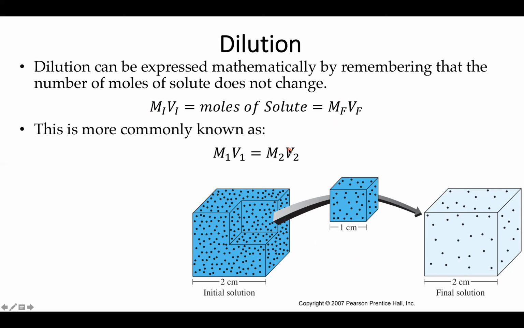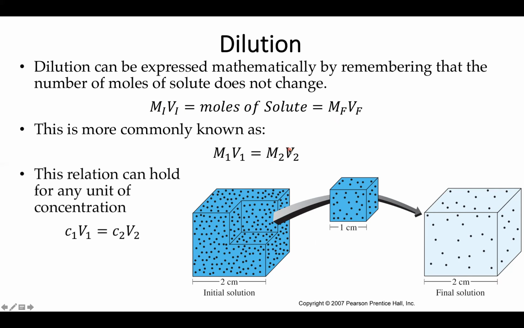And it is worth noting that this relationship can hold for any sort of unit of concentration. And we'll play with several of these various units as we go through the rest of the year. So whether we're talking about parts per million, molarity, molality, anything we use, you can go ahead and use this general form.